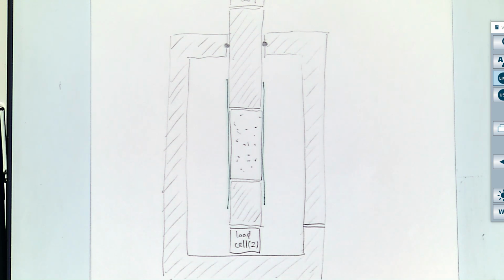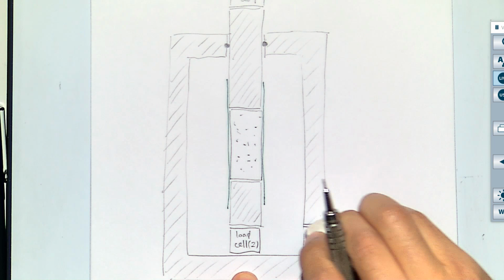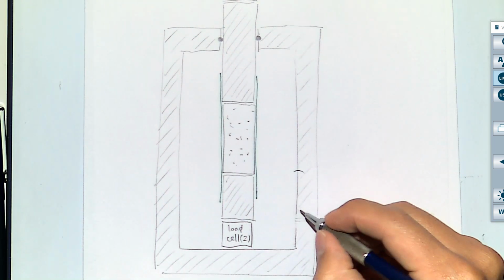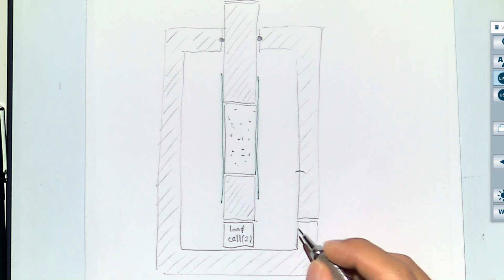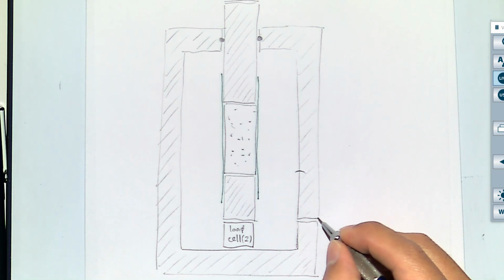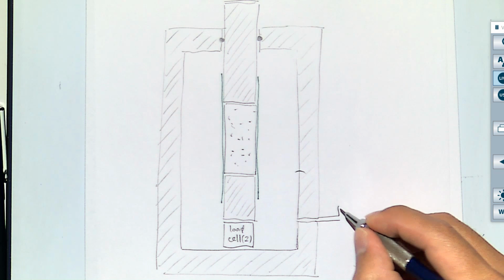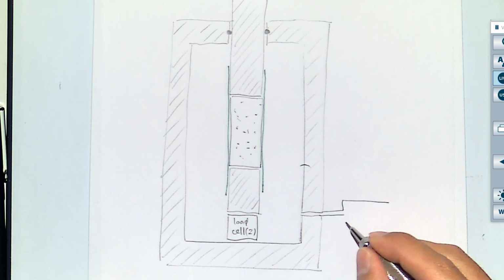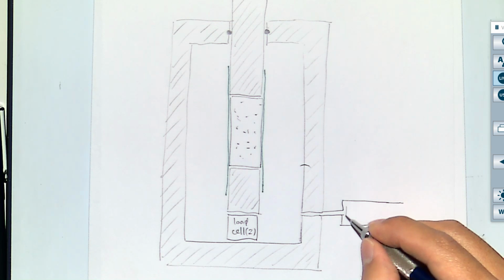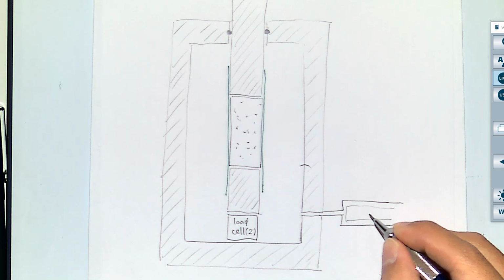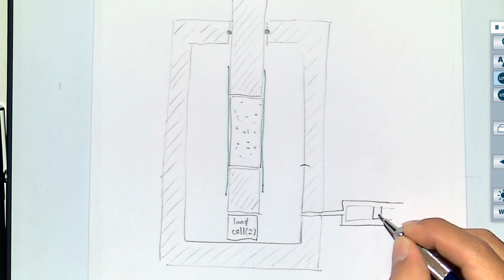I told you that inside we put fluids that will pressurize the rock and will take it to conditions similar to the subsurface. And in order to do that, here we get a pipe which is connected to a large syringe that applies a pressure.